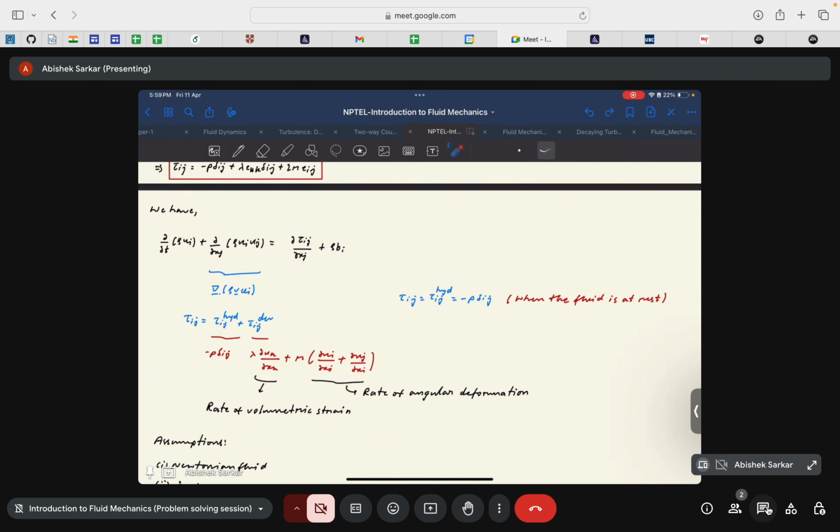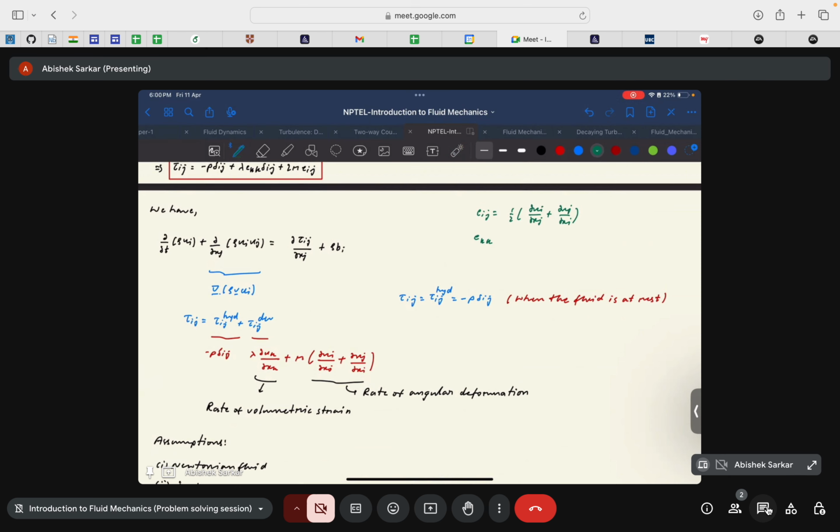So let me start with e_ij. As shown here, e_ij is a second order tensor. In general, it would mean dou u_i by dou x_j plus dou u_j by dou x_i. To remove any confusion, Professor Chakraborty replaced the general i, j with k. So e_kk would basically mean the normal, or diagonal, components.